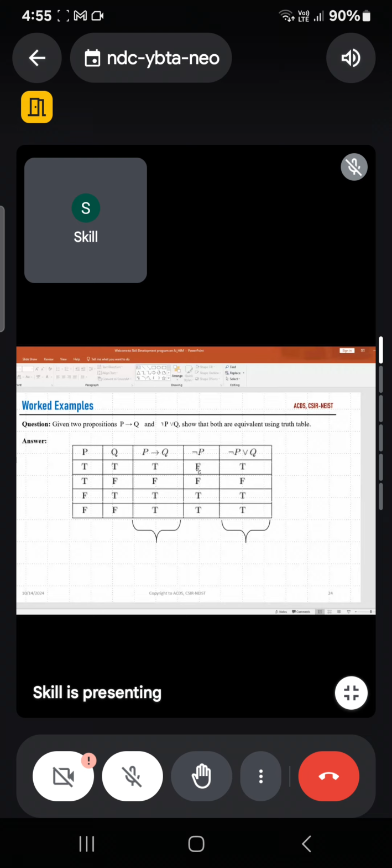Here P is false and Q is true. Since Q is true, in an OR statement we write true. Negation of P and Q both false, so directly we write false.